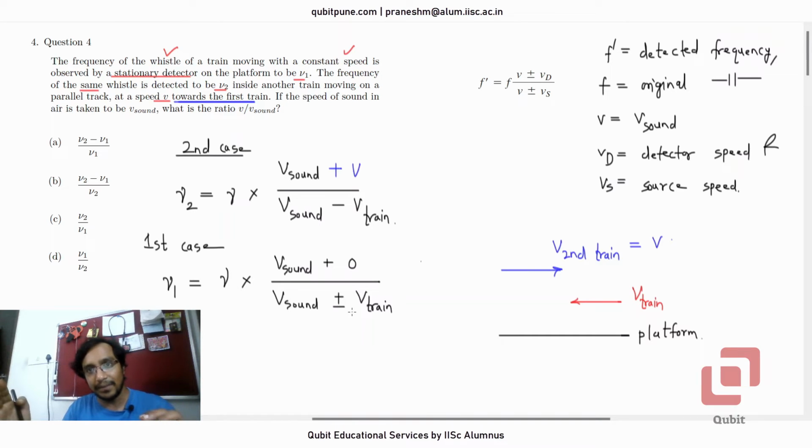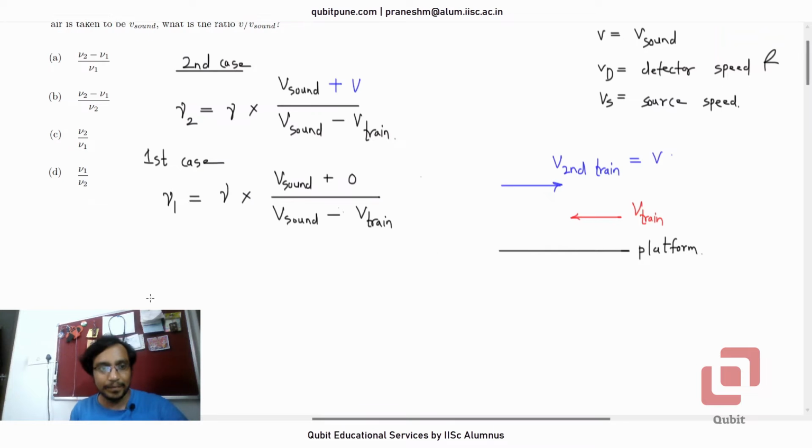The train is approaching, which means we have to now consider the negative sign because we want the observed frequency to be increased, right? So let us now change this to v sound minus v train. Okay, and then we can divide nu2 by nu1.